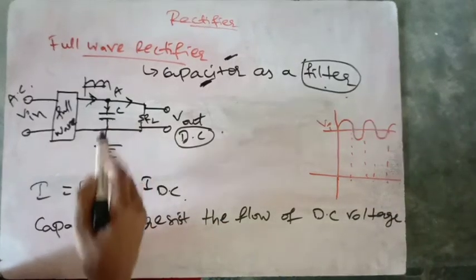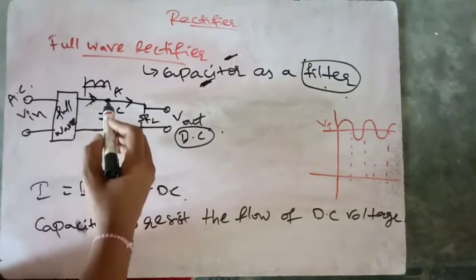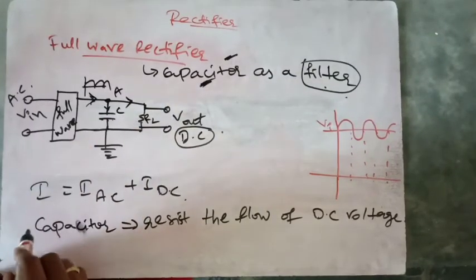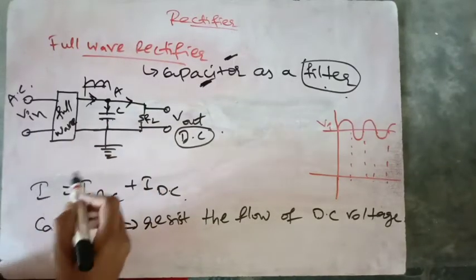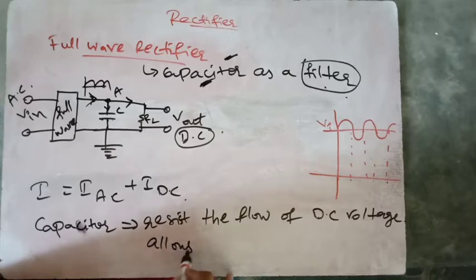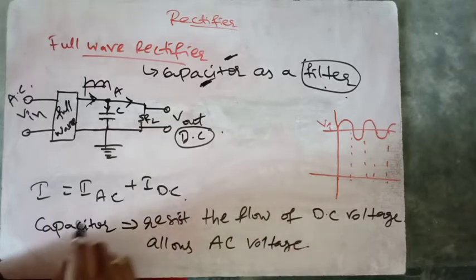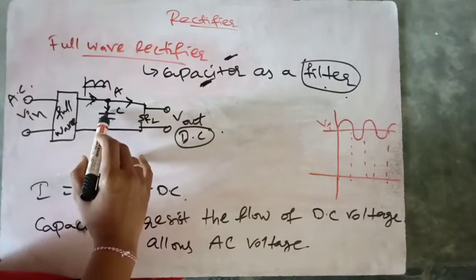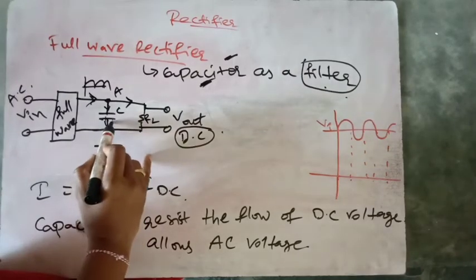The AC and DC current flows toward this capacitor. This capacitor blocks the flow of DC current, and it only allows AC current or AC voltage. It blocked the DC current and allowed the AC current.